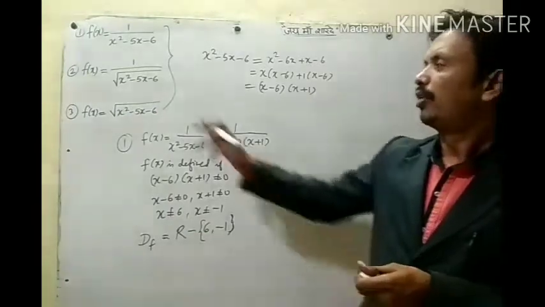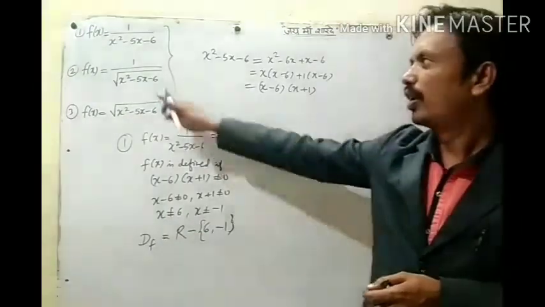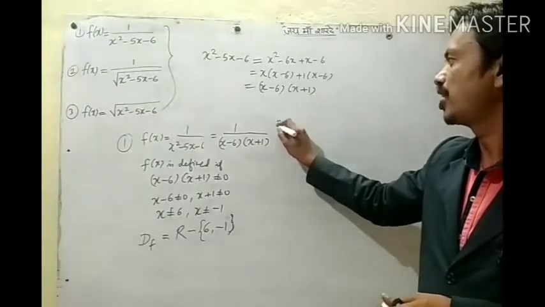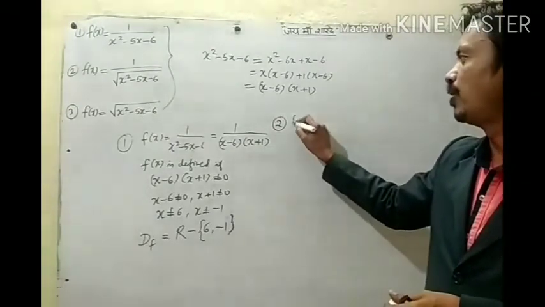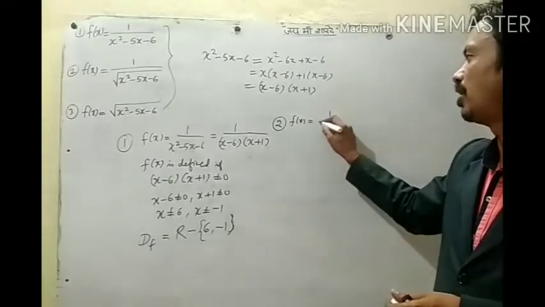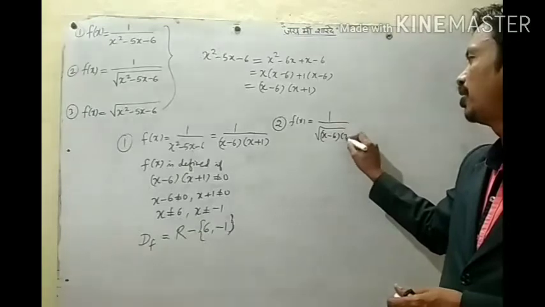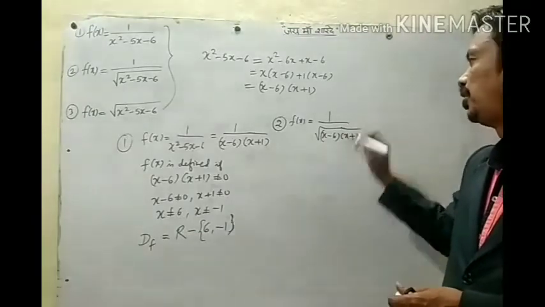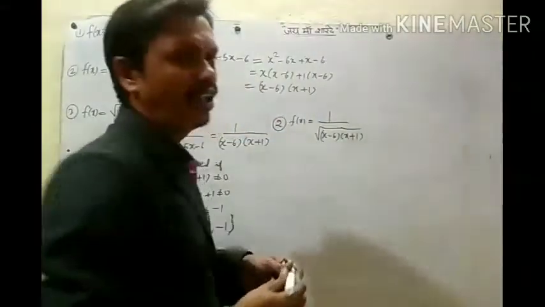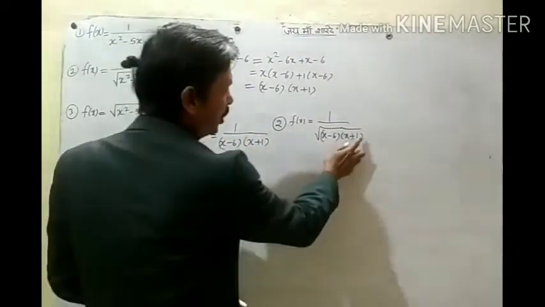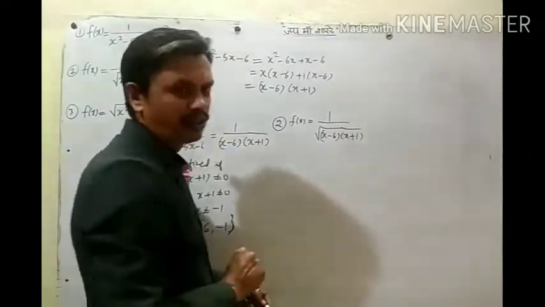Check. Now in this case, 1 upon root x square minus 5x minus 6. So for the second question, the same given function can be written as 1 upon root x minus 6 into x plus 1. Okay? Now again same thing, the denominator should not be 0. So this is more than 0.